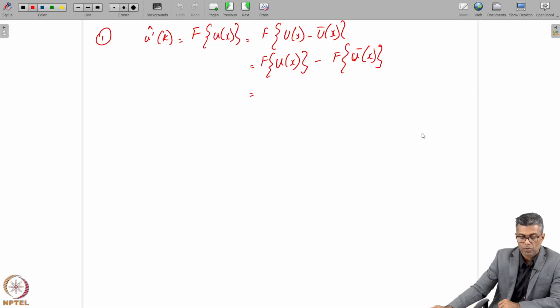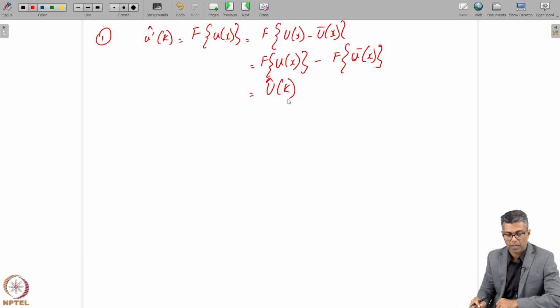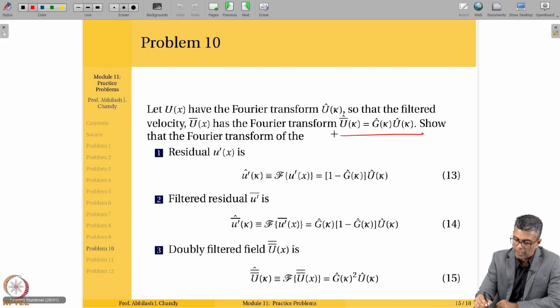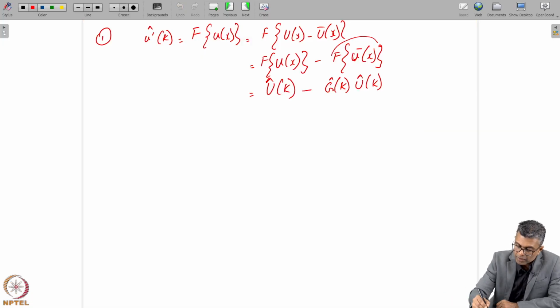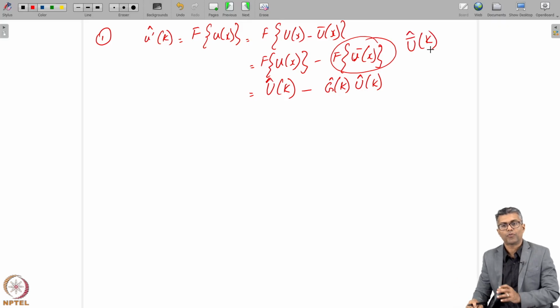So here this essentially just becomes u hat of kappa, because that's the Fourier transform of u of x, minus the Fourier transform of the filtered velocity, which becomes g hat of kappa times u hat of kappa. That is what is given here, because remember, this is u filtered hat of kappa.